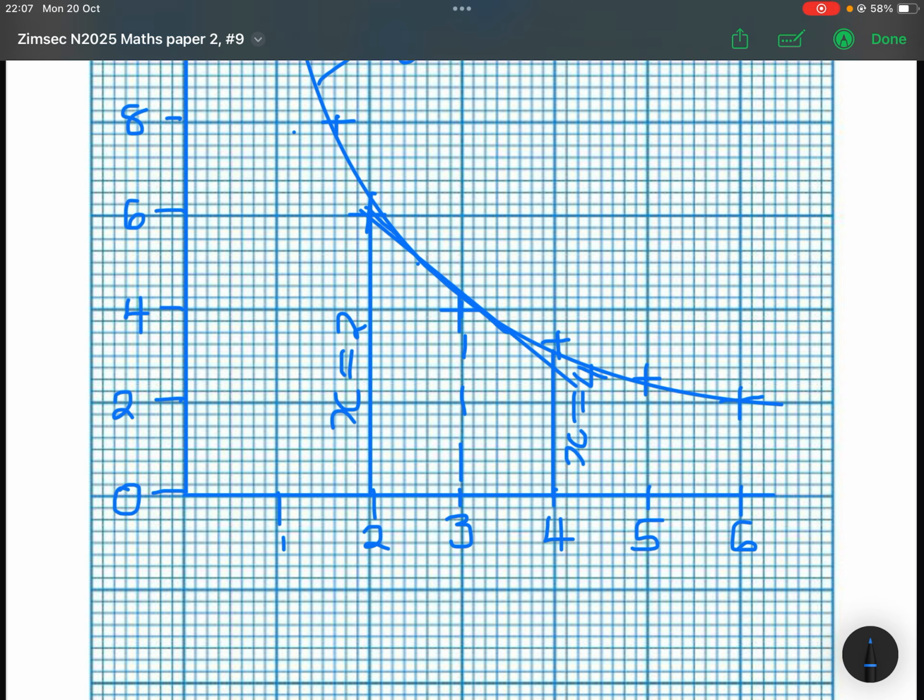This is our x is equal to 4. So we are required to find the area of this region bounded by the curve and the lines x is equal to 2 and x is equal to 4.